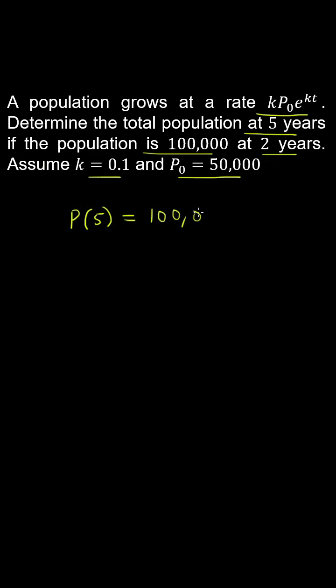So we have 100,000, and then we add the population between 2 and 5 years. So that'll be the integral of the rate over time. So we take the constants outside, and we're integrating e to the kt with respect to time. And that gives you the area under the rate curve. And now you can evaluate this integral, substitute the required values, and post your answer in the comments.